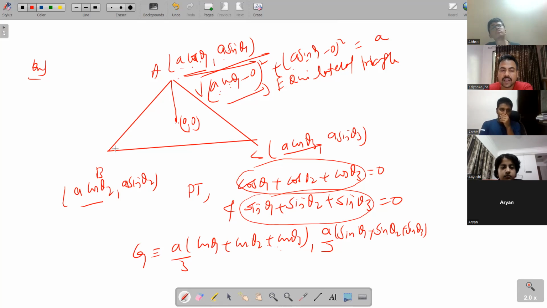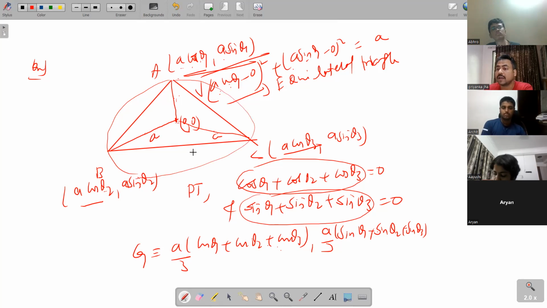So that is a. If you take this, only the angle is different, this will also be a. This will also be a. Yes, this satisfies our condition. So we can say that 0, 0 will be the circumcenter of this triangle, because all three lengths are equal. Means one circle will definitely pass through the vertices of this. So we concluded that 0, 0 will be the circumcenter of this triangle.